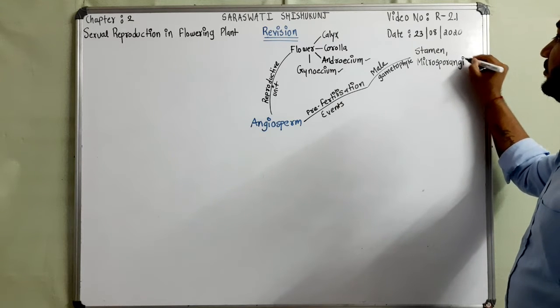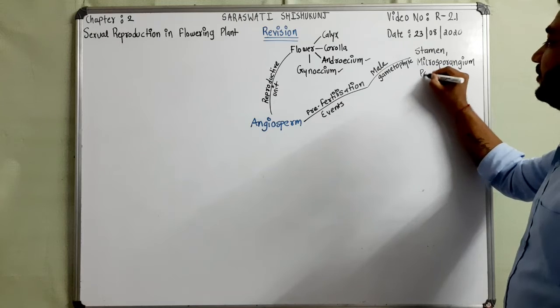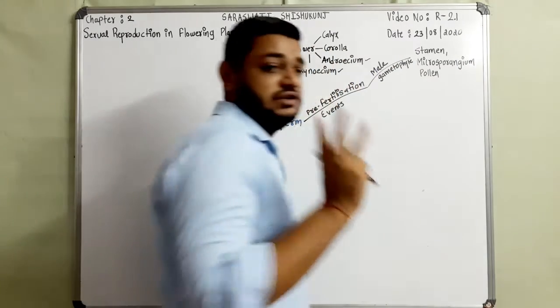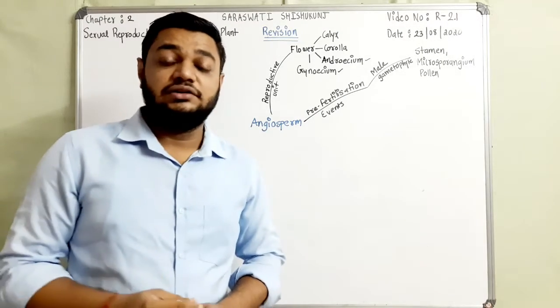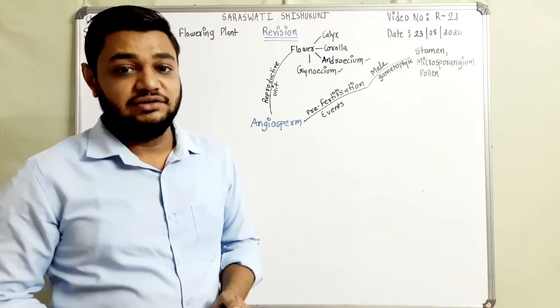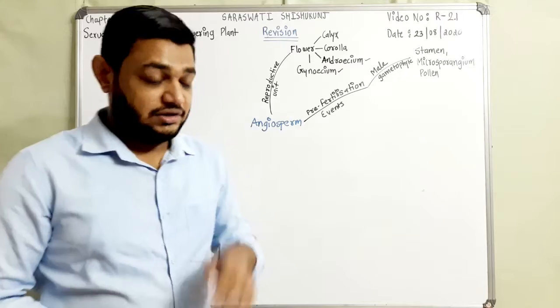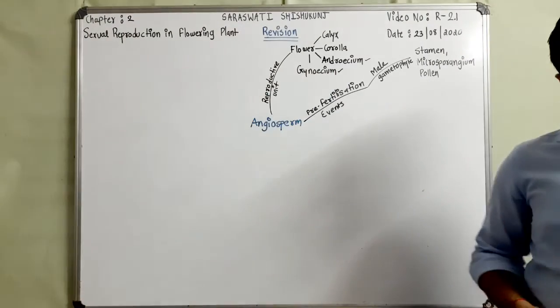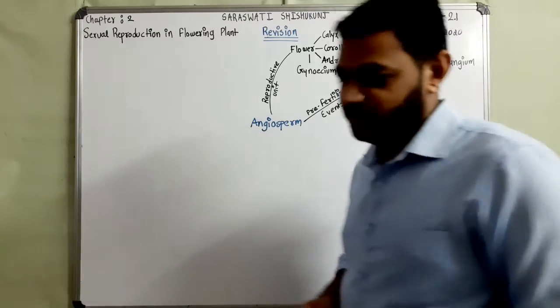The stamen consists of three parts: anther, filament, and connective. Now, anther is the main part which produces the pollen.